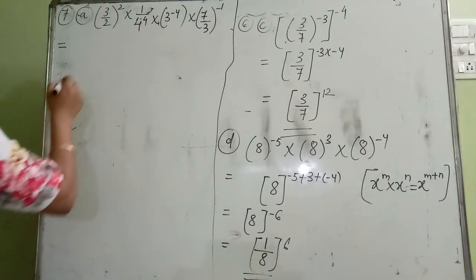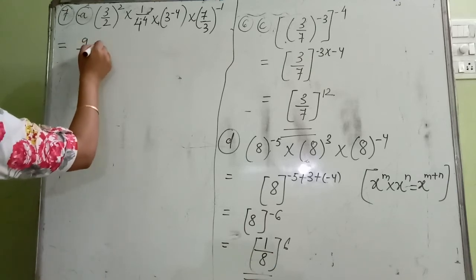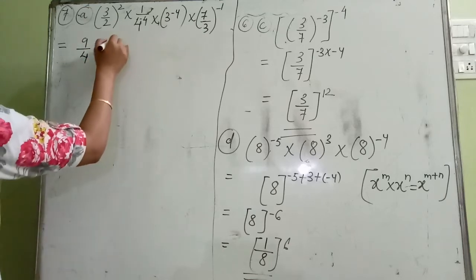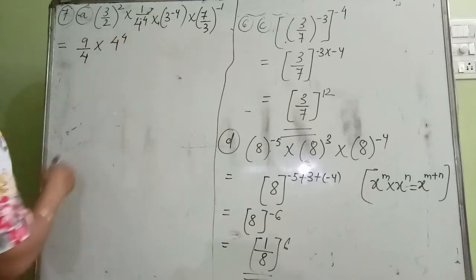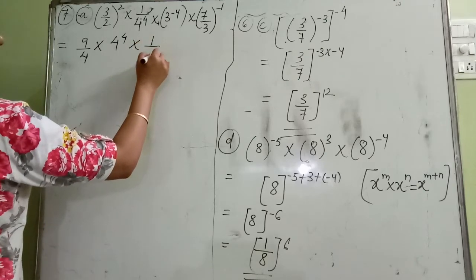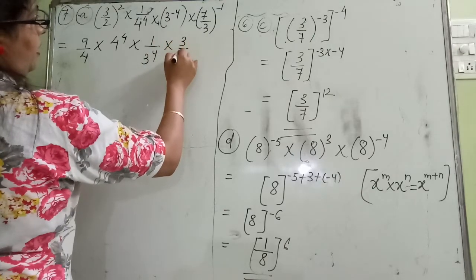This will be equal to 3 3s are 9 by 4 into this 4. This is 4 raised to the power minus 4. It will become 4 raised to the power 4 into 1 by 3 raised to the power 4 into 3 by 7.